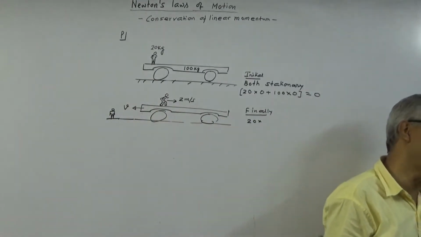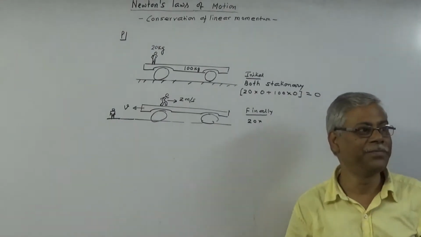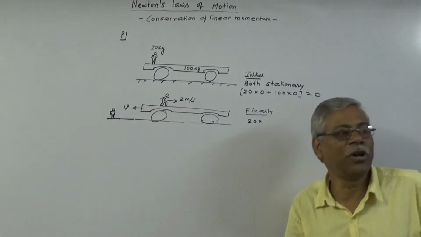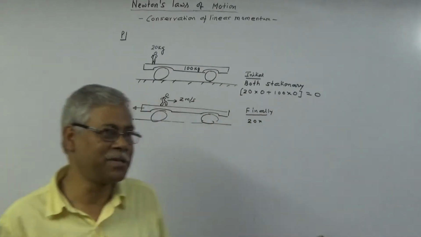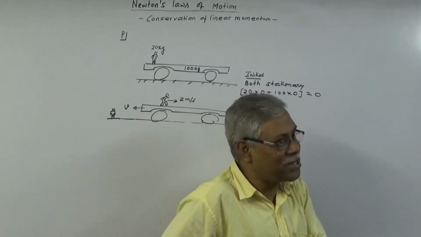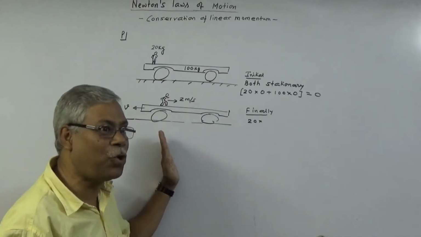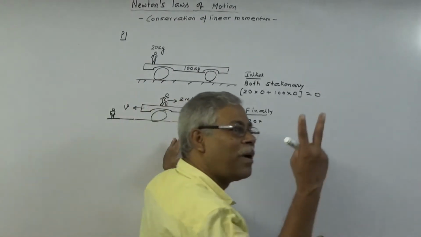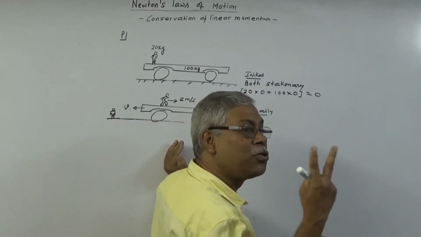In that 1 second, the trolley, which is fitted with wheels, has gone backward by 1 step. So with respect to ground, or with respect to this board, you have gone forward only by 2 steps. That is your speed with respect to ground.